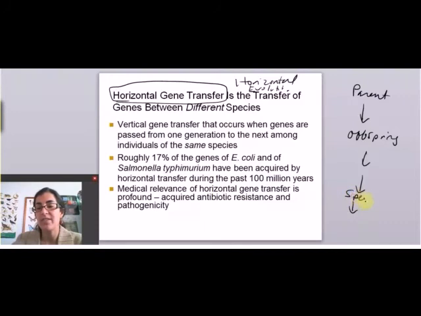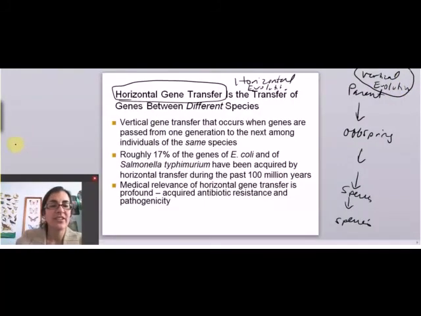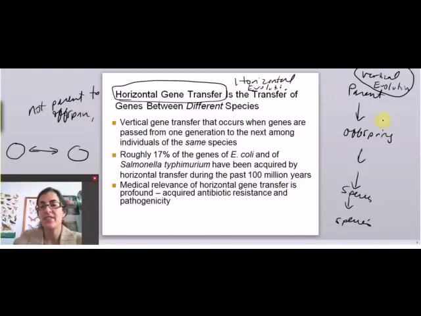So one species will become another species as changes happen between parent and offspring. And this is what's called vertical evolution or vertical gene transfer. But what bacteria can do is they can exchange genetic material across, so not parent to offspring. And because it's not this linear downward route, it's called horizontal, not vertical.